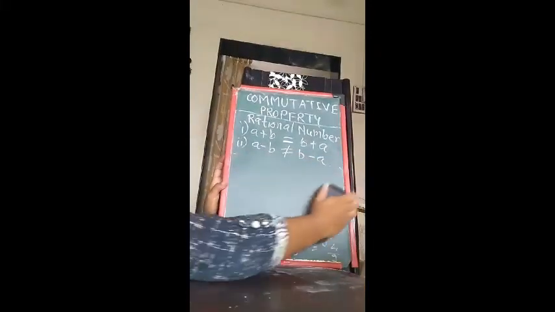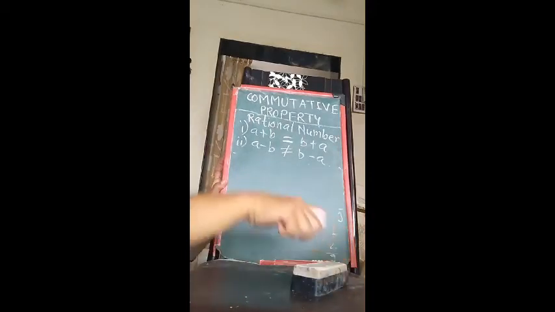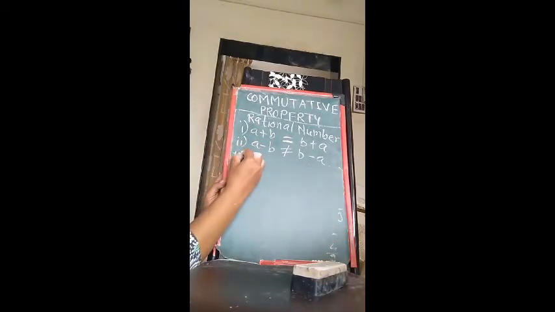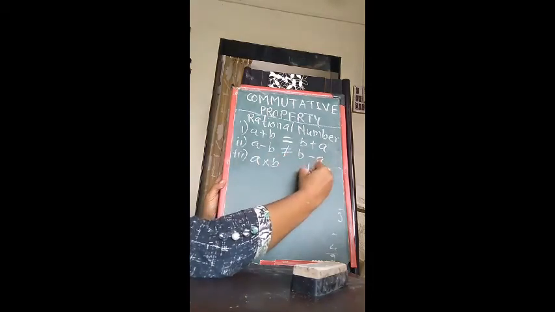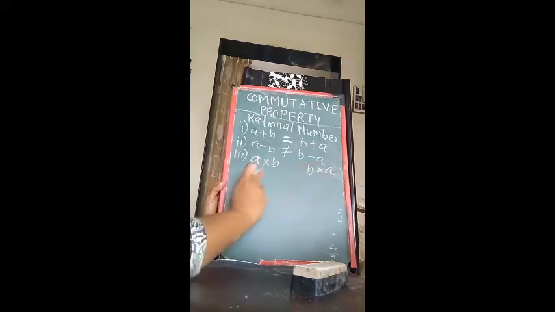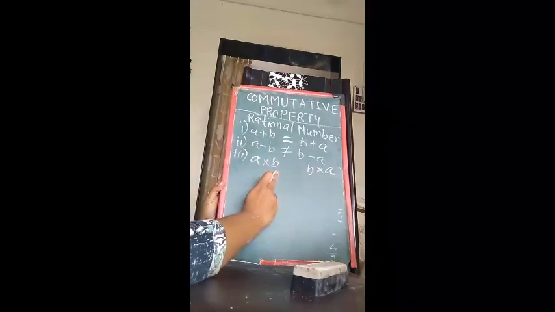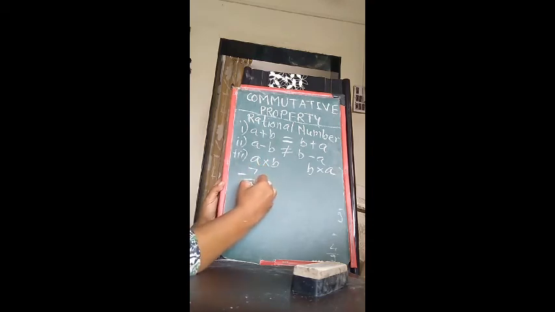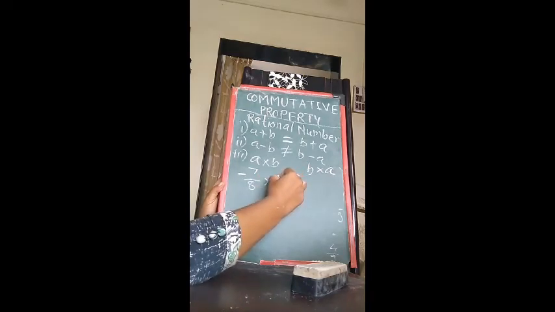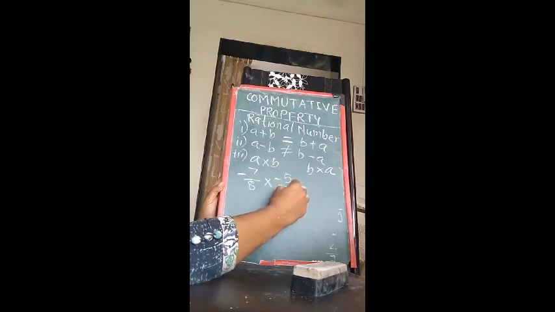Okay, now for the multiplication we are going to check multiplication, that is A multiplied by B and B multiplied by A. So for A and B we are going to take two rational numbers, that is minus 7 upon 8 multiplied by minus 5 upon 6.